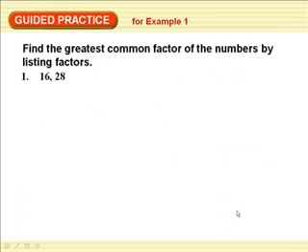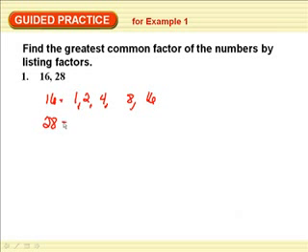So find the greatest common factor of the numbers by listing the factors. What are all the factors of 16? 1 and 16, 2 and 8, 4 times 4. 28: 1 and 28, 2 and 14, 4 and 7.